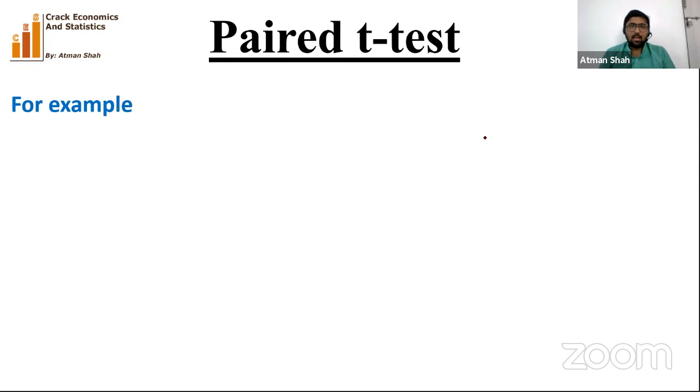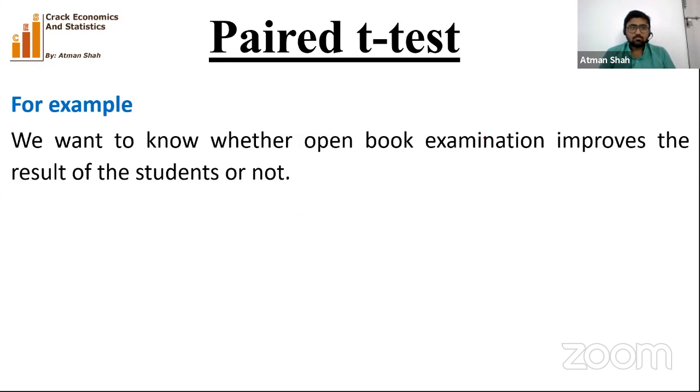Let's understand it with the help of an example. We want to know whether open book examination improves the result of the students or not. This is an experiment, and we want to check whether open book examination helps the students to improve the result or not.